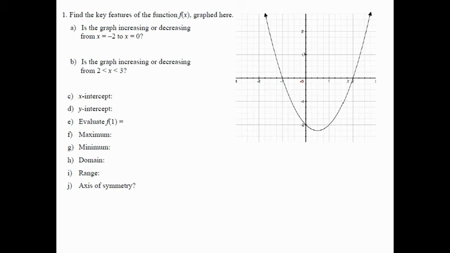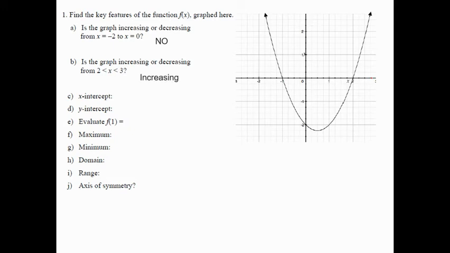And we can see that it is decreasing. Then is the graph increasing or decreasing between 2 and 3? That would be over here on this side, and so that is increasing.